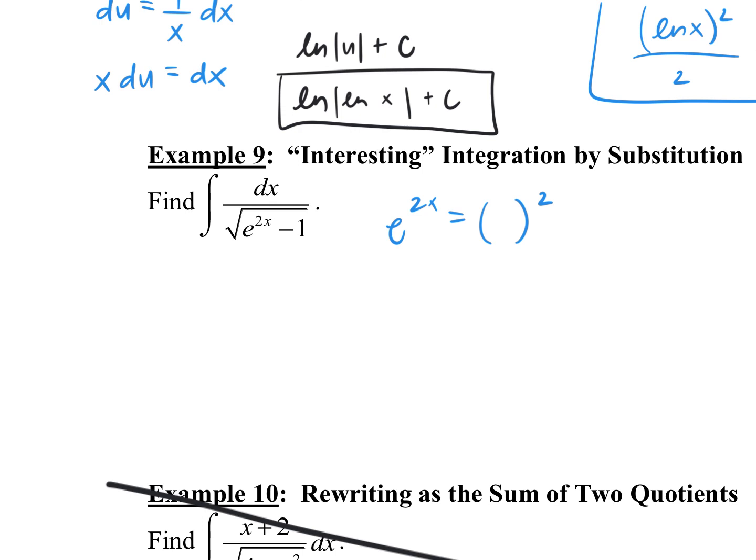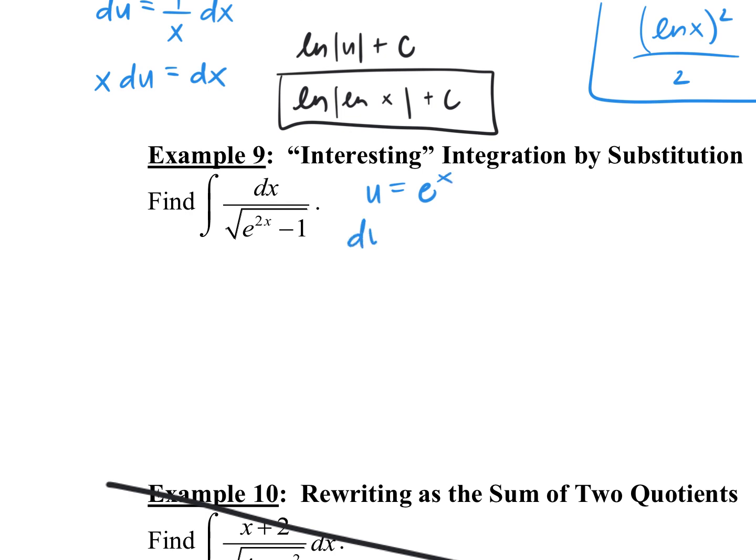Well, I want it to be in terms of this though. Like if I wrote this, e to the x to the second power, is that the same thing? Yeah, it is. So I'm going to actually do a little bit of a u substitution thing here, where I'm going to say that u is equal to e to the x.